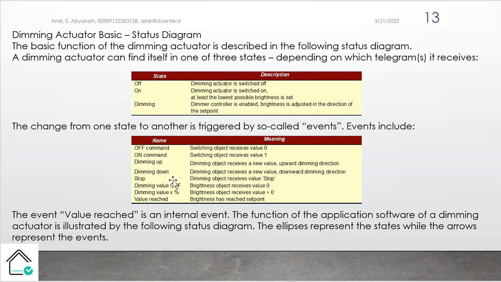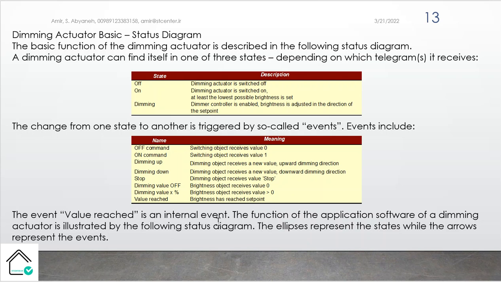For example, if you have the actuator for dimming 1 to 10 volts DC, and also for DALI, you have the same group objects like the dimmer, because those are also lighting control. And value reached, brightness has reached the set point. The event value reached is an internal event.